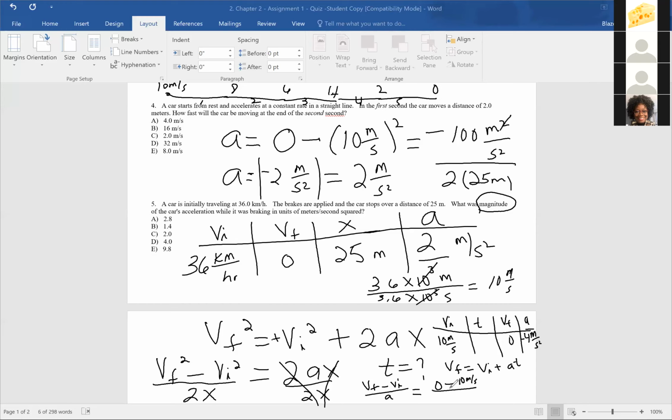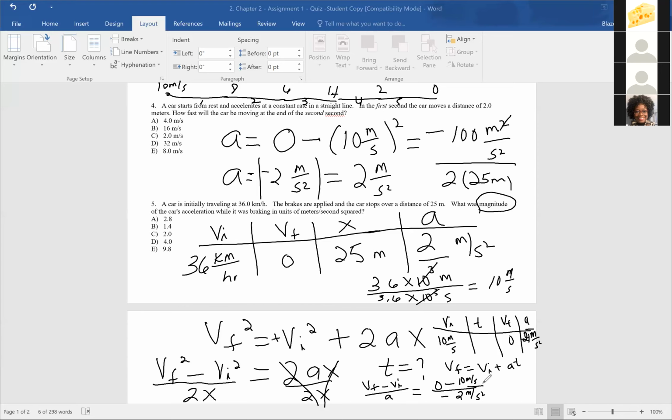A is negative... What is A? Negative, what was A? Oh, it's 2, I'm sorry. This is 2. Negative 2 meters per second squared.